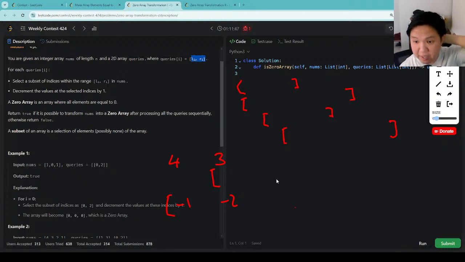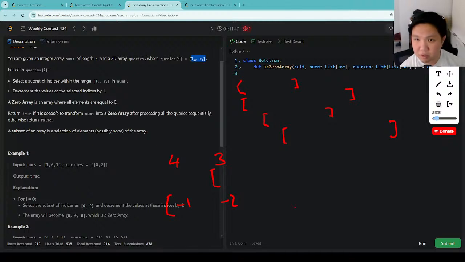Sum of array. Actually, you know what? I think that's correct. I think that works.